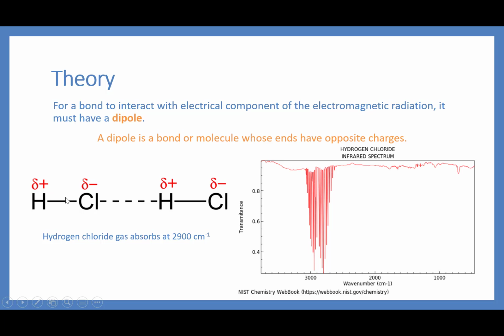Because hydrogen has had its electrons pulled, not necessarily fully away from it, but further away from it, it now has a slightly positive charge. So delta positive, and this forms our dipole. So a difference in charge between the two. And that dipole is required for the electromagnetic radiation to actually interact with the molecule.